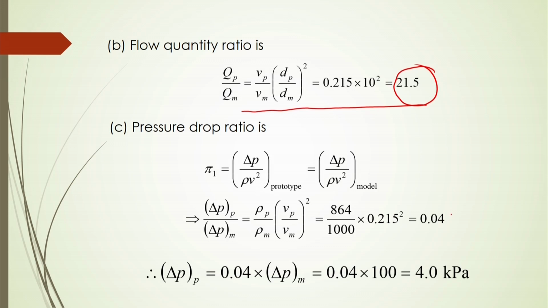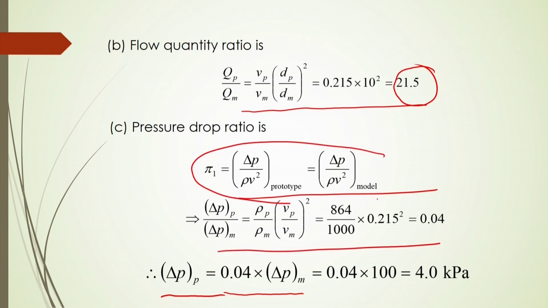For the pressure drop ratio, as per the Euler number equality for the prototype and model, delta Pp for the prototype equals 0.04 times delta Pm, from this pi 1 dimensionless group. So we get the pressure drop ratio as 0.04, and from this ratio we calculate the prototype pressure drop, which is equal to 4 kPa.